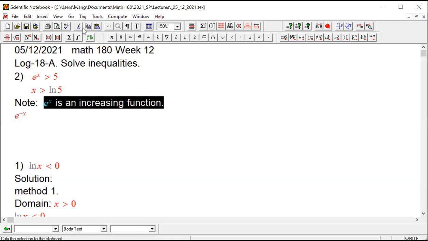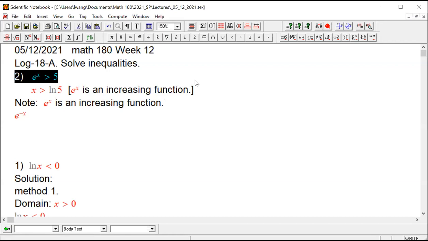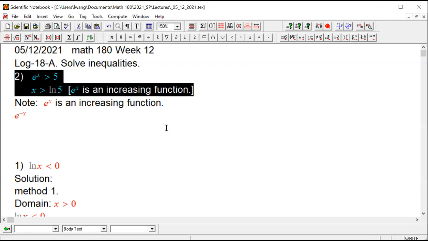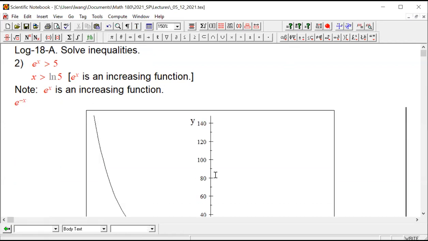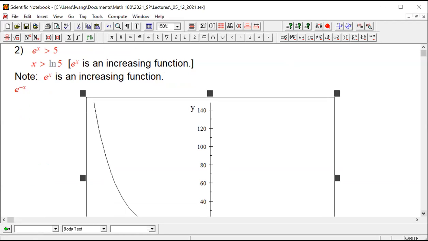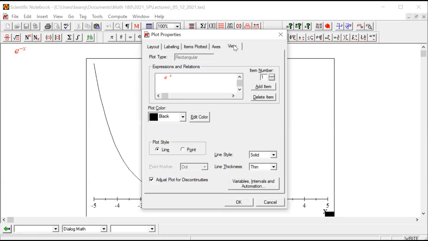You can put this here, just to remind. Then this question number 2 is done. But e to the power negative x is not an increasing function. This is a decreasing function. You want to see the graph? This is the graph. It's a decreasing function.